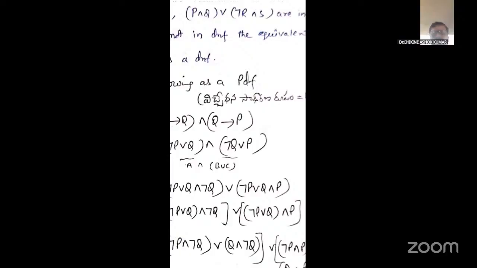So these C1, C2 are products of two propositions. Finally, we are clubbing these C1, C2, the intersection parts, with union. That is C1 union C2, meaning P intersection Q union negation R intersection S. This is DNF, the disjunctive normal form.